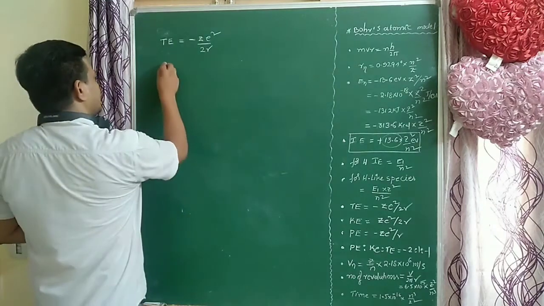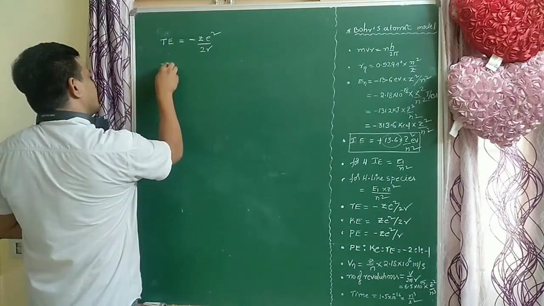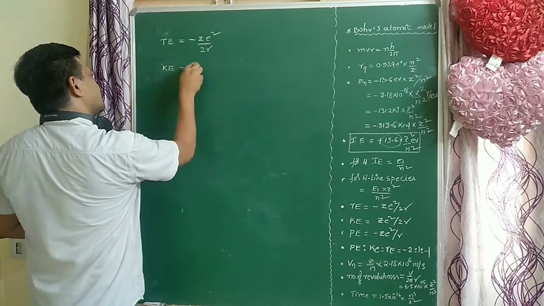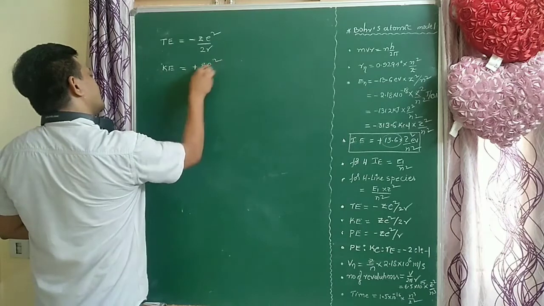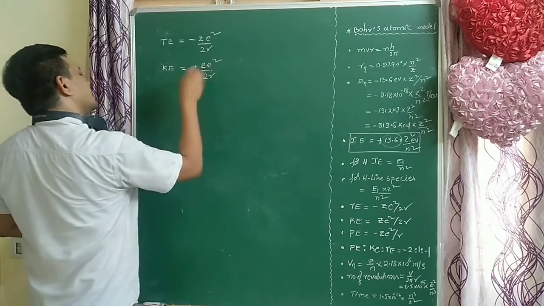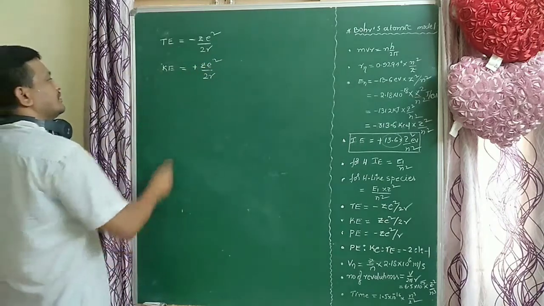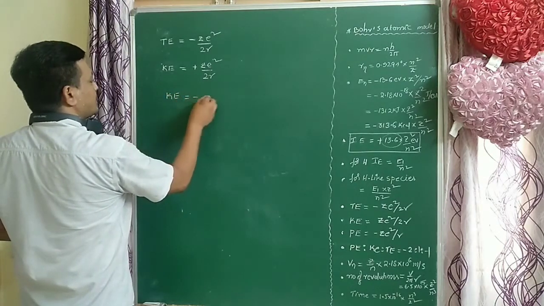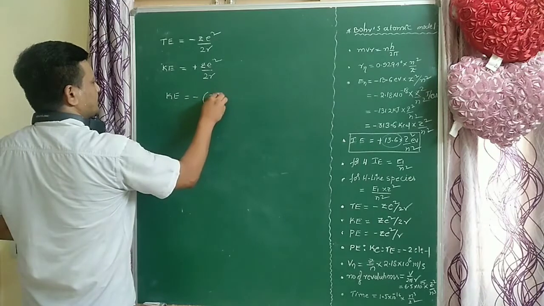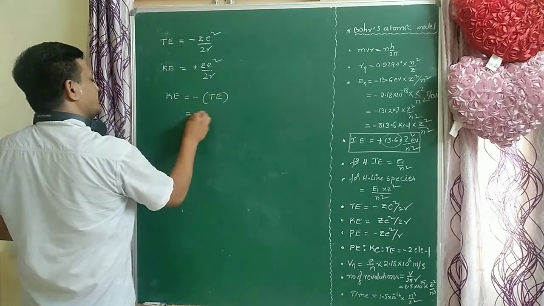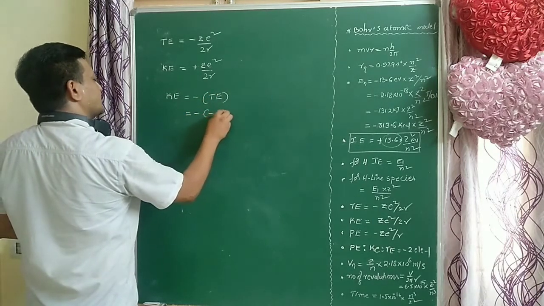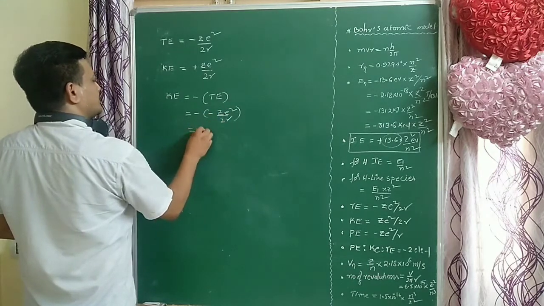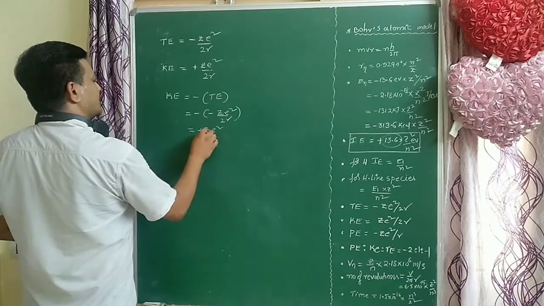Kinetic energy K equals plus Z square by 2R. Both values are equal but with opposite signs, so kinetic energy equals minus of total energy.